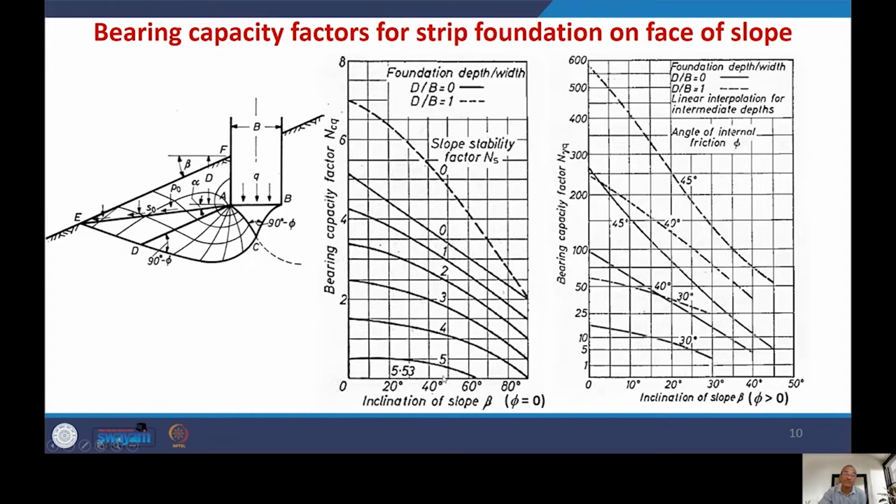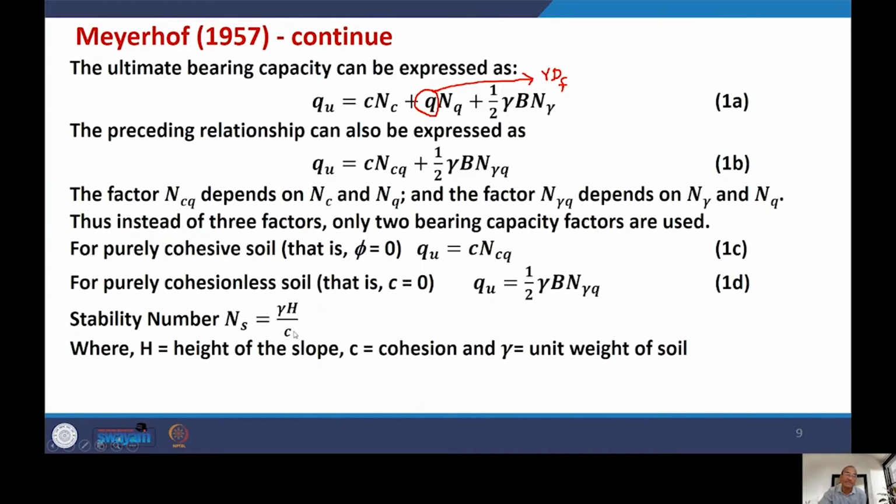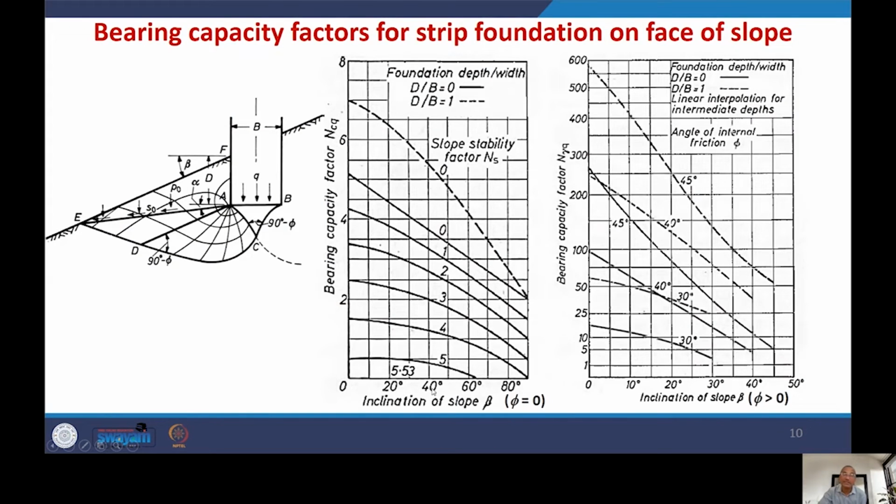Perhaps the reason is that Ns will increase when c decreases, and when c decreases, it is expected that the bearing capacity factor NcQ will also change for different values of c. Now, in the second case, when you want to calculate the value of N gamma Q, you don't have the effect of the slope stability factor.